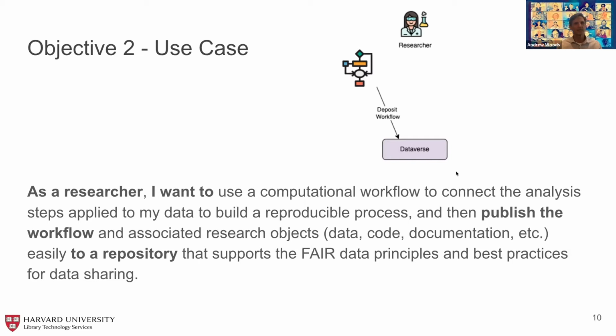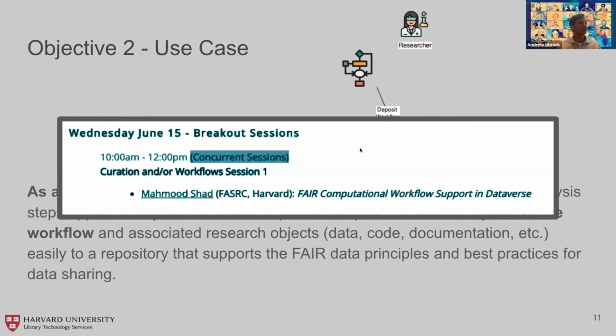My take on this is ultimately with the computational workflows and eventually being actionable workflows in Dataverse, just further facilitating reproducible science. And I see Mahmood, you're here as well, and there was a session earlier where you talked in detail about this, but likewise, I didn't know if you wanted to just highlight anything.